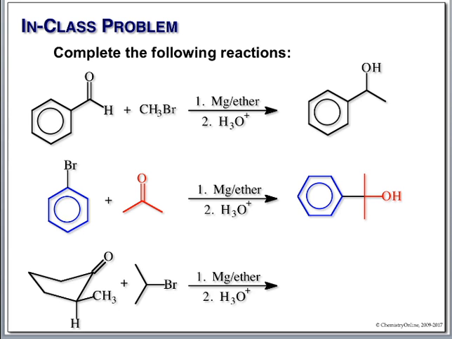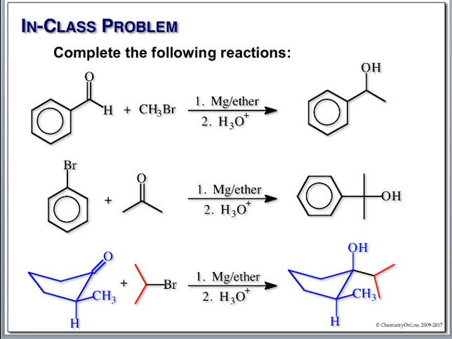Now, realistically, it can attack from the top or the bottom, can't it? If you were an isopropyl group, I think it would probably be easier to attack from the bottom because this methyl might be in the way. Probably this would be your preferred product. Again, the pathway to the carbonyl, methyl sticking up, we can sneak in the bottom.